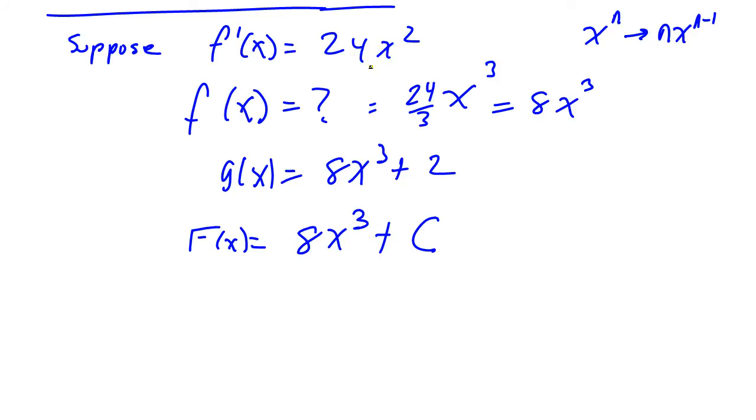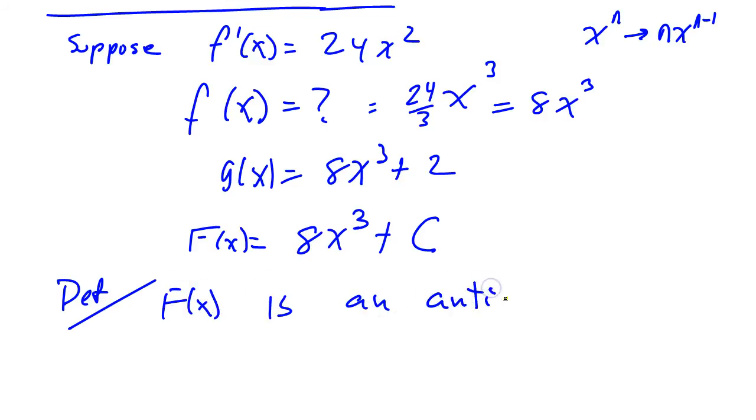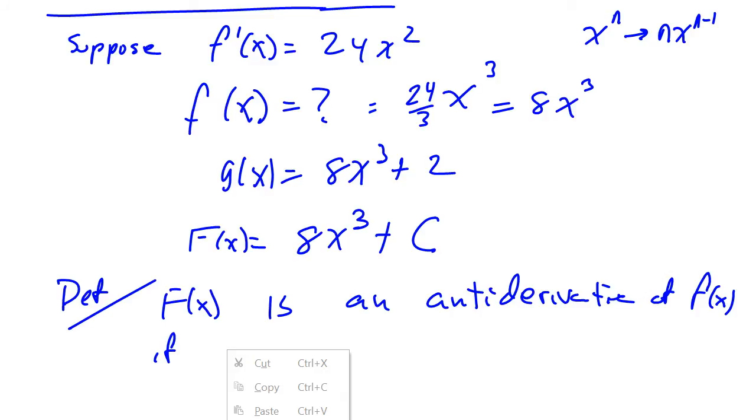So this is what we call an antiderivative. Let's make a definition here. Definition: capital F of x is an antiderivative of little f of x if the derivative of capital F of x is little f of x.